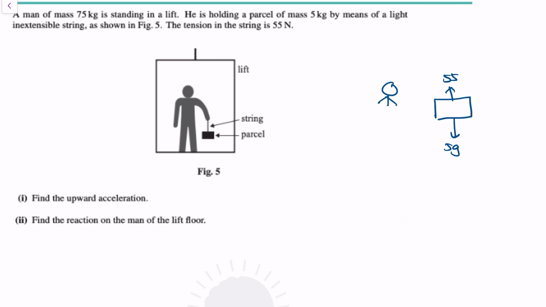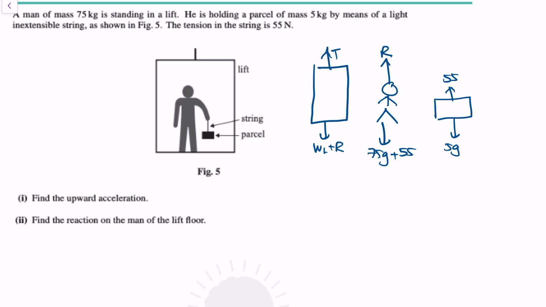Now the man feels his own weight, which is 75g, plus the tension from the string, which is 55. There's a reaction force from the lift, and the lift feels its own weight, plus the reaction and tension pulling it up. Find the upward acceleration.